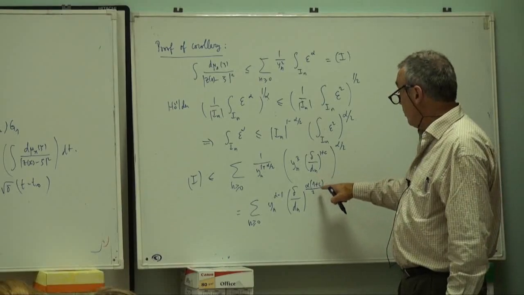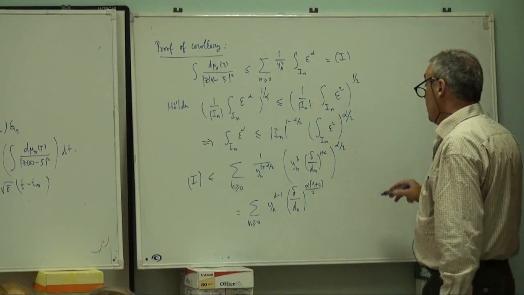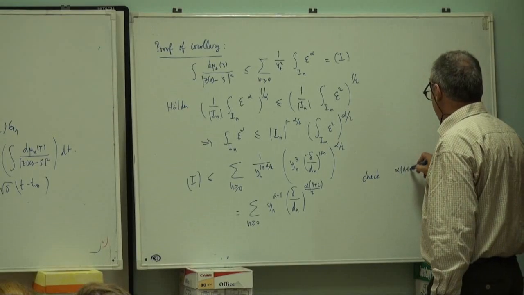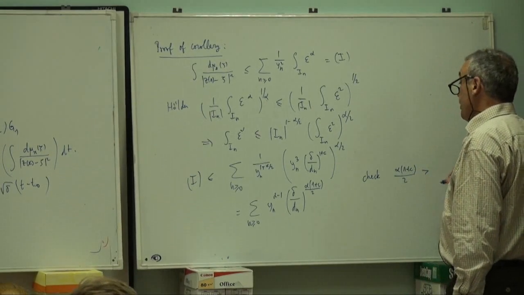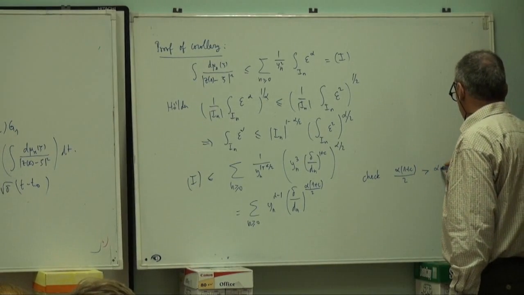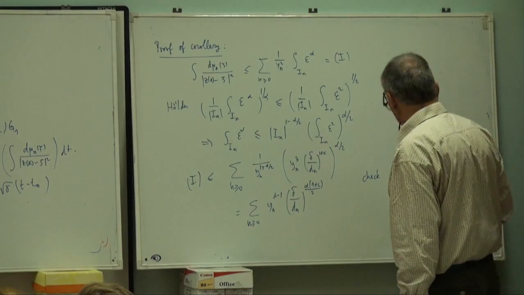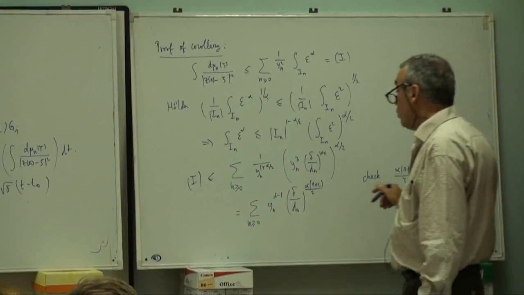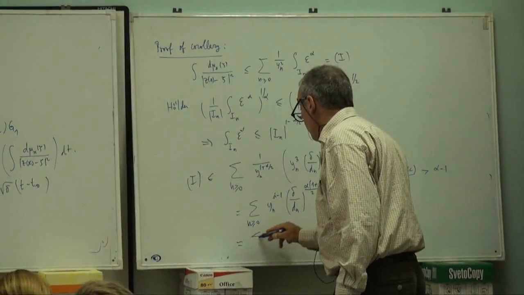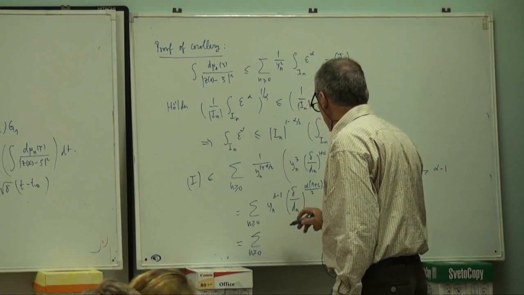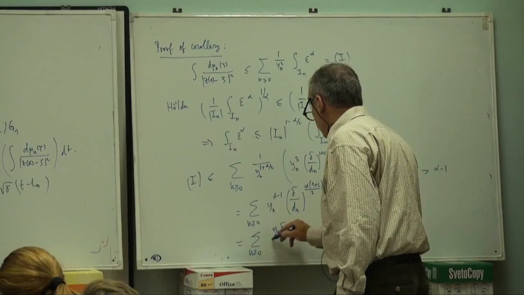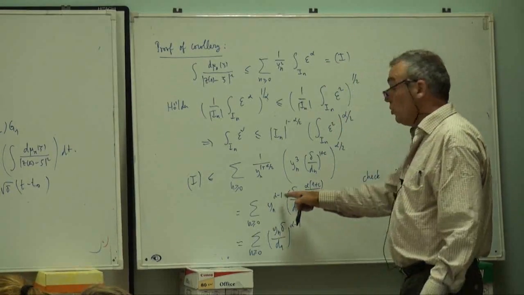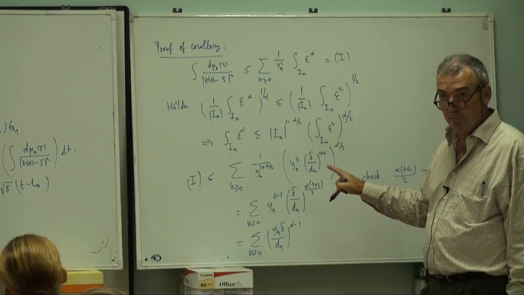But I must check that alpha times 1 plus c over 2 is greater than alpha minus 1, which is clear because c is positive. Okay, and once you have this, you get the sum for n greater or equal to 0 of yn delta over dn to the power alpha minus 1.